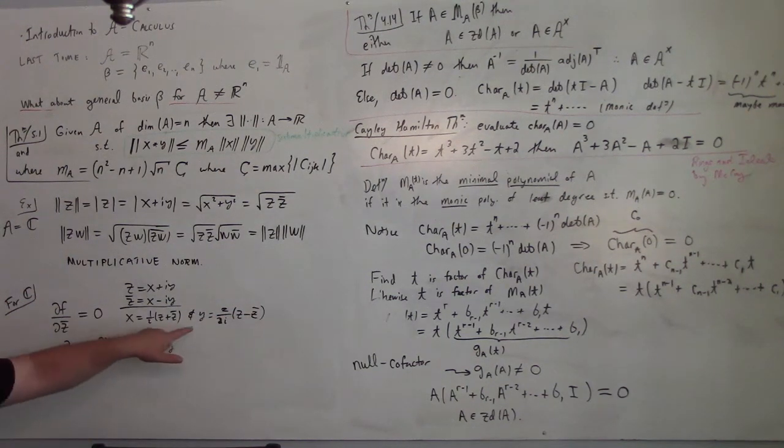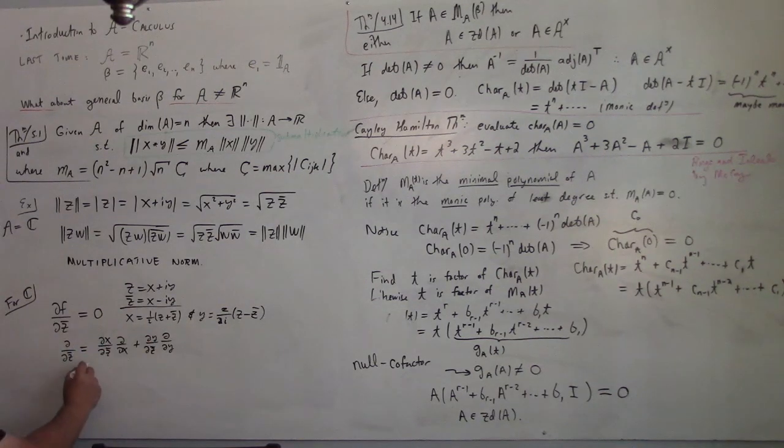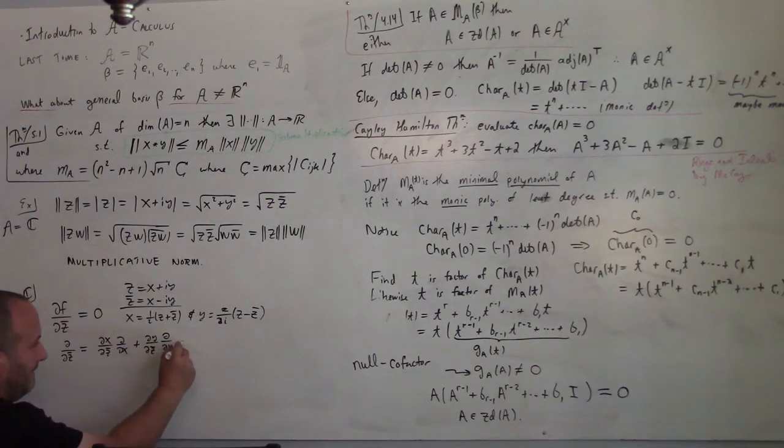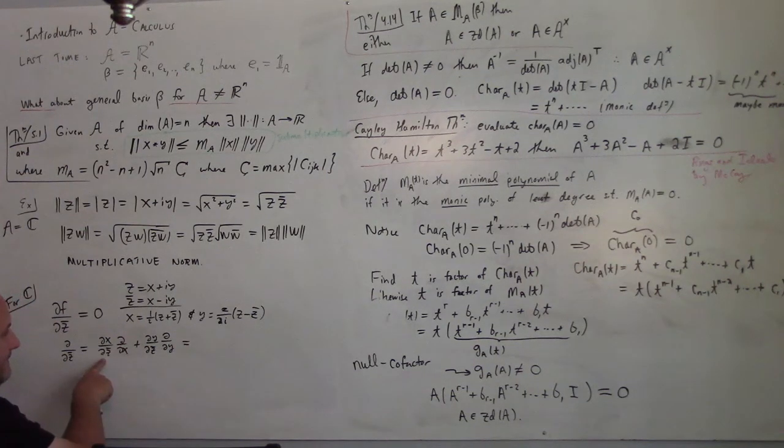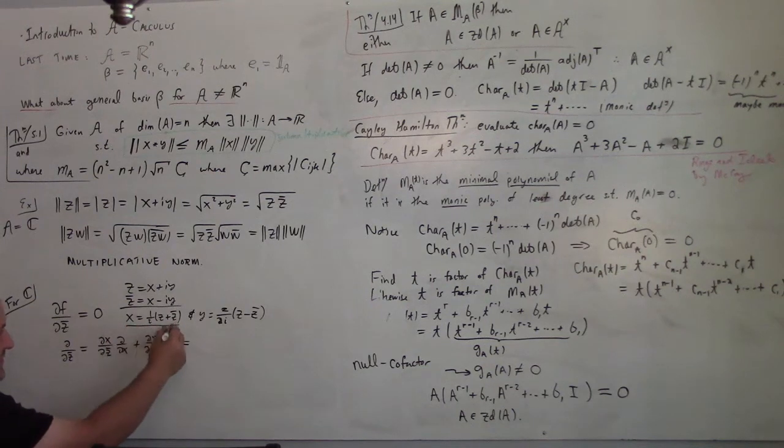So on the basis of this formula and that formula, what do you think partial x partial z bar should be, given the formula for x in terms of z and z bar?